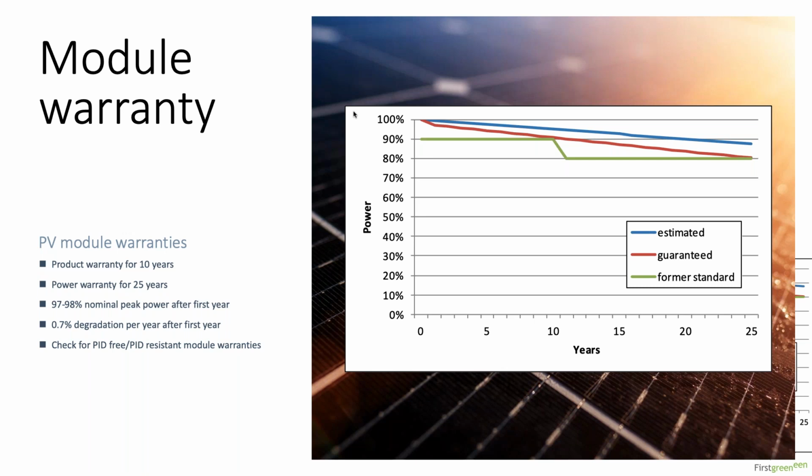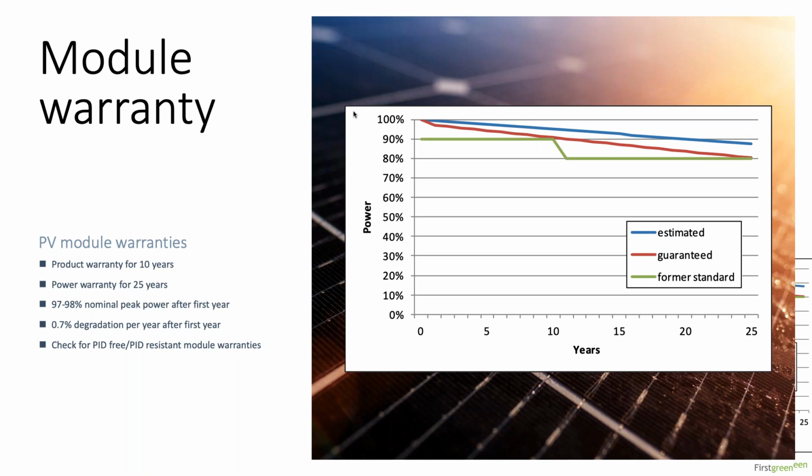Because when you apply voltages, at that time some leakage current happens, and this leads to faster degradation of modules. It is possible that in 2 years itself the module performance reduces by 50%.